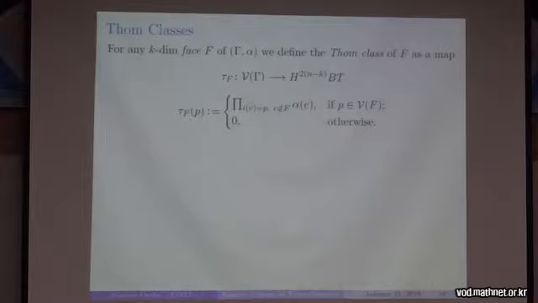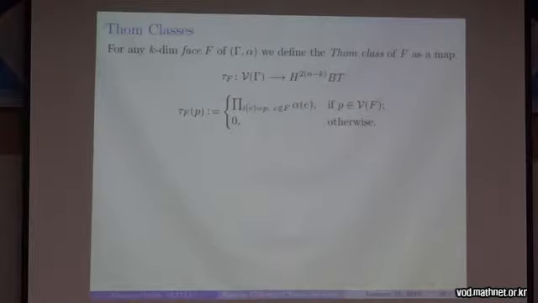If you take a k-dimensional face of our torus graph gamma, which you can think of as some sort of sub k-valent graph in this n-valent graph gamma that's preserved under the axial function alpha, we define what's called the Thom class associated to that face.